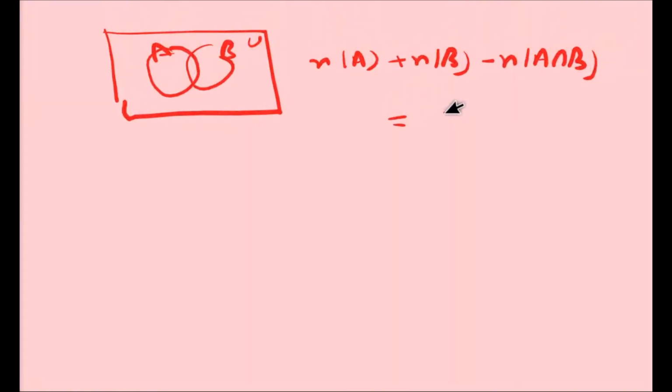We can write NA union B, and A union B is equal to the universal set since there is no member outside. This is a very basic concept.